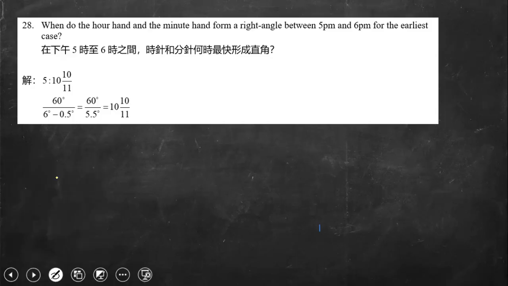Okay. The way I would do this is the shorter method. So we have 60 degrees and then divide it by the rate, the degrees in which a minute hand moves. So if you have a clock here, right? Oh wait.